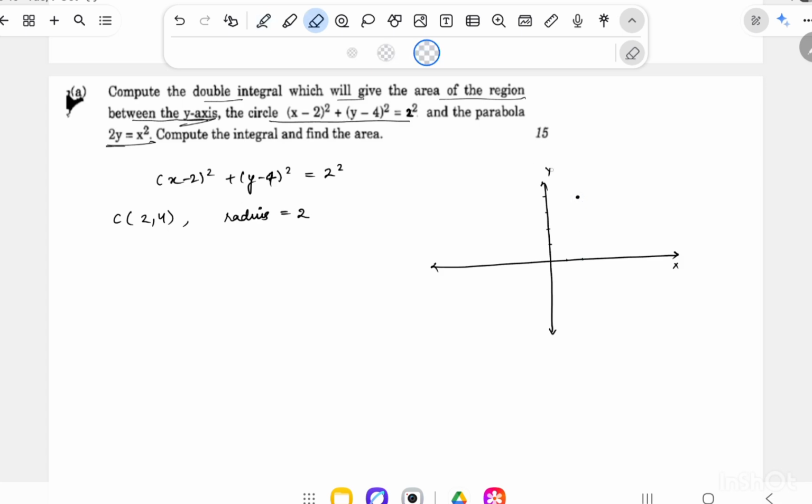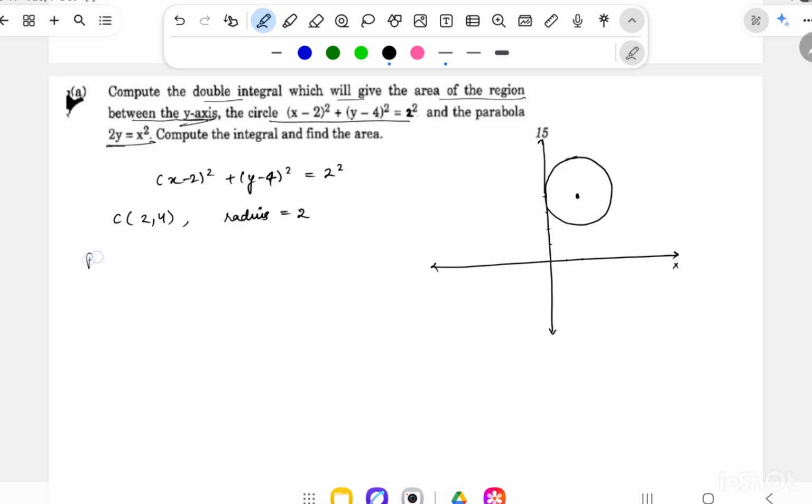Let me just extend my y-axis. And the radius is also 2 units. So this circle will basically be touching the y-axis. Let's assume that this is our required circle. And the parabola, that is x square is equals to 2y.